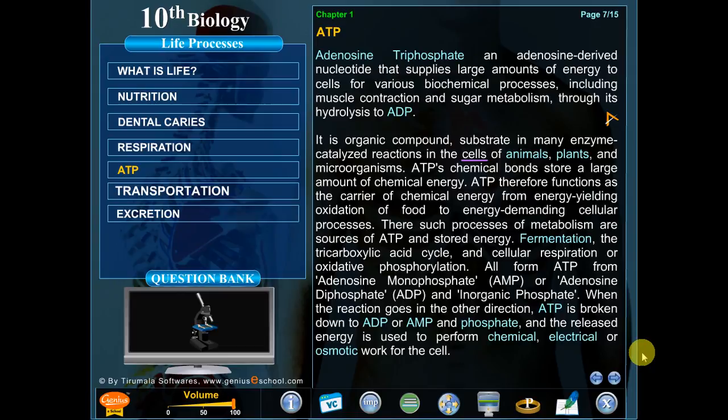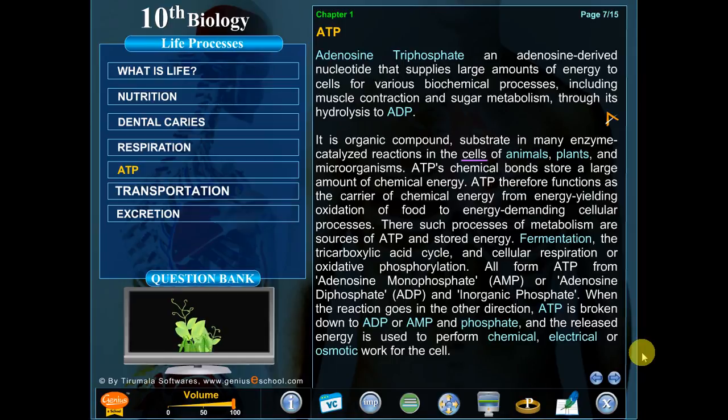It is organic compound substrate in many enzyme catalyzed reactions in the cells of animals, plants, and microorganisms. ATP's chemical bonds store a large amount of chemical energy. ATP therefore functions as the carrier of chemical energy from energy-yielding oxidation of food to energy-demanding cellular processes.